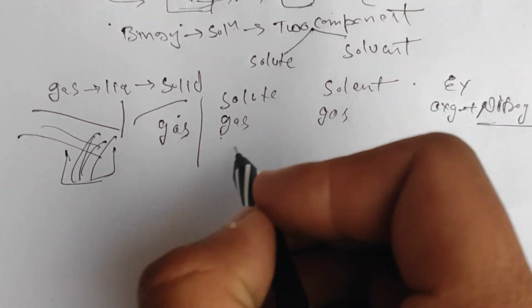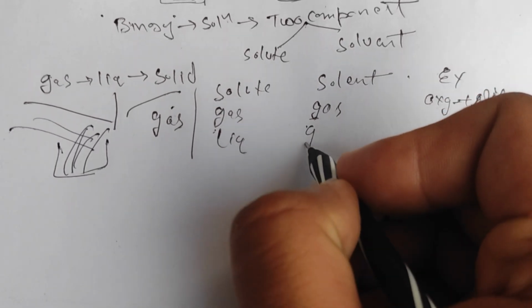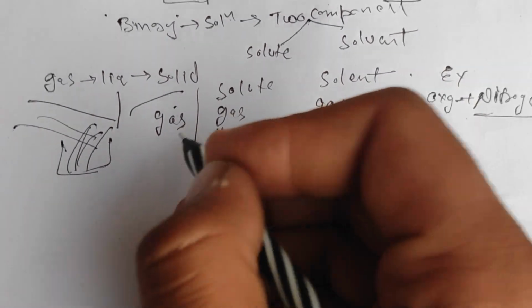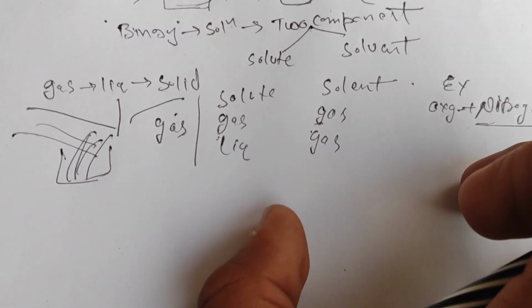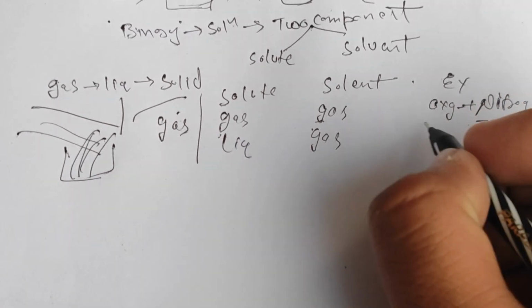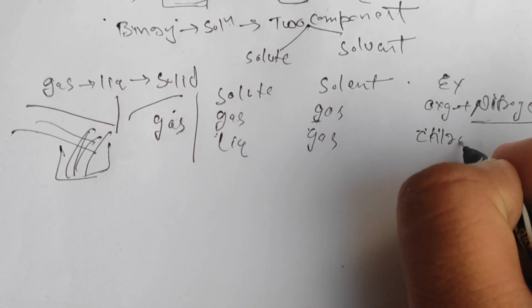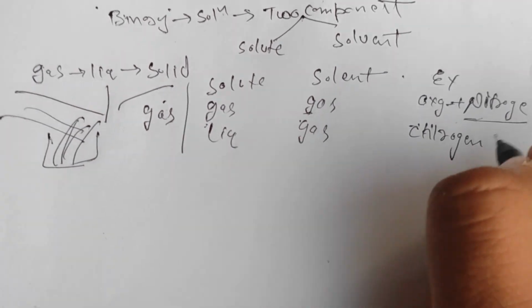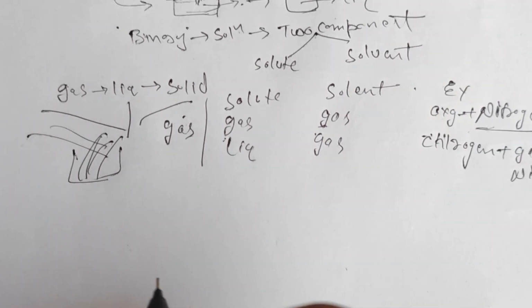Now liquid in gas. Liquid is the solute and gas is the solvent, so a less amount of liquid and a large amount of gas. For example, the liquid is chloroform, which is also an NCERT example: chloroform plus a gas like nitrogen.